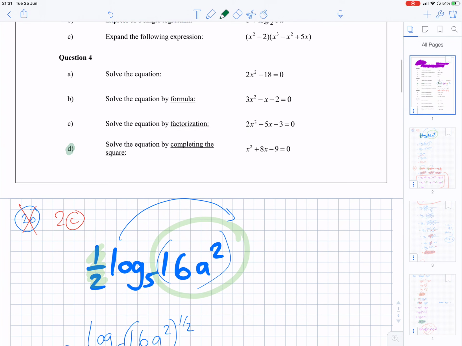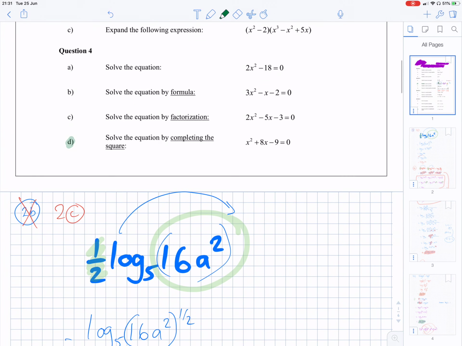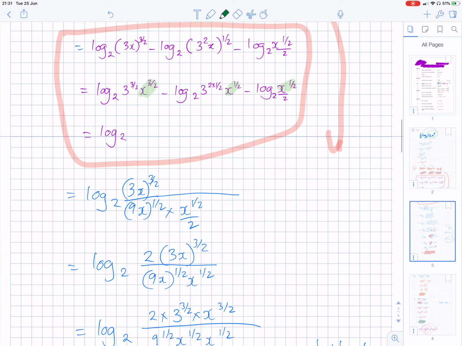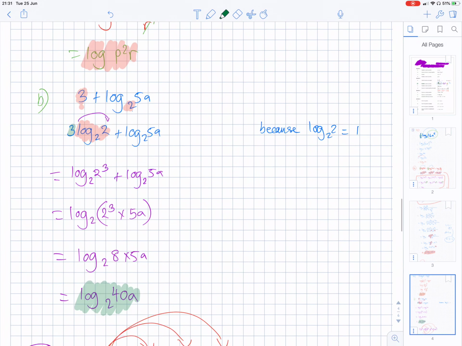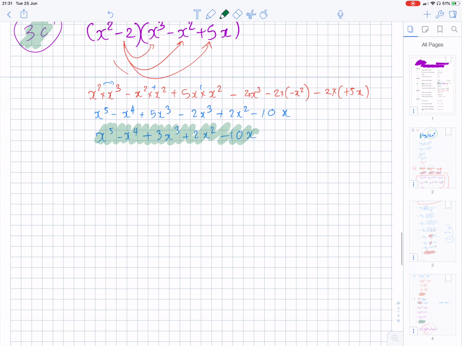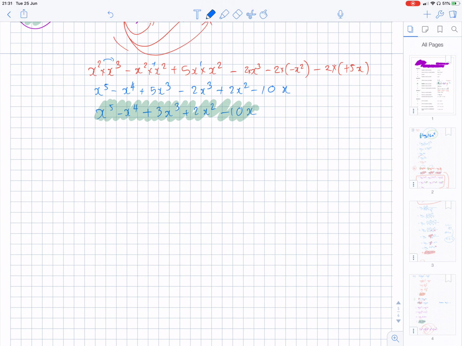Going to number 4, solve the equation 2x squared minus 18 equals 0. This is number 4a. The first thing we do is take this minus 18. To make it easy, add 18 here, add 18 here.